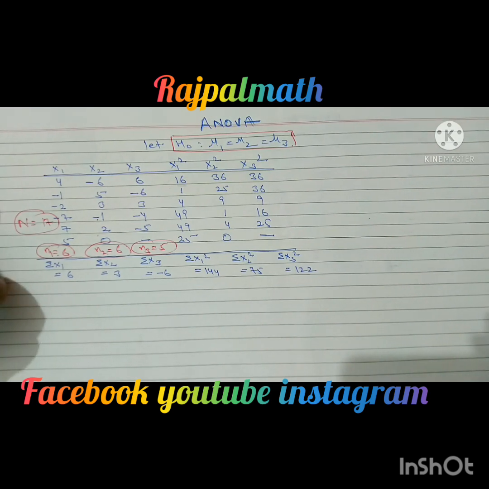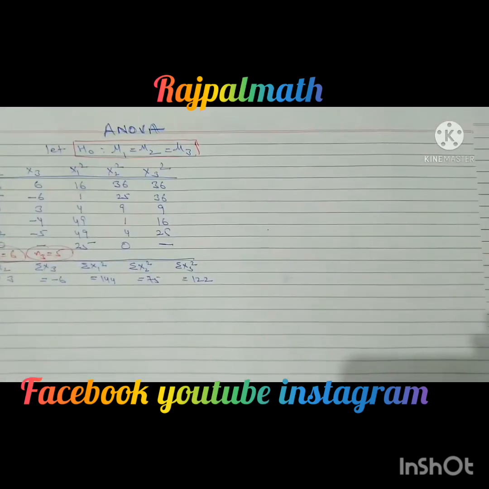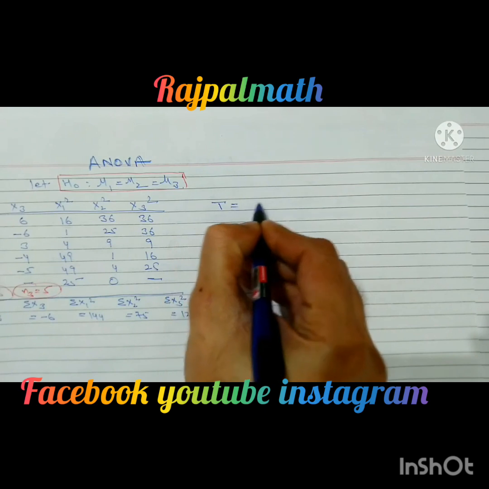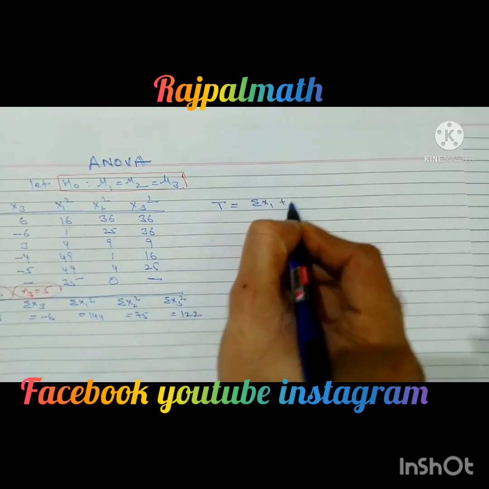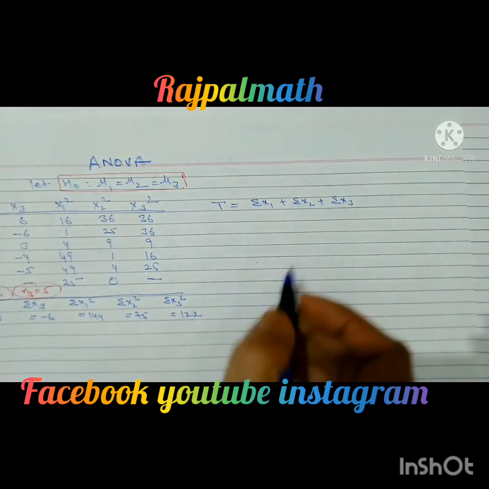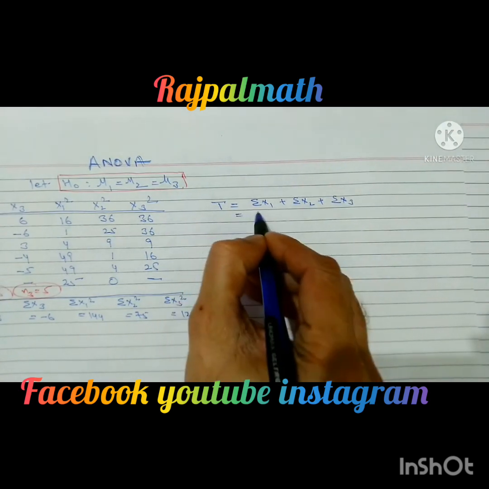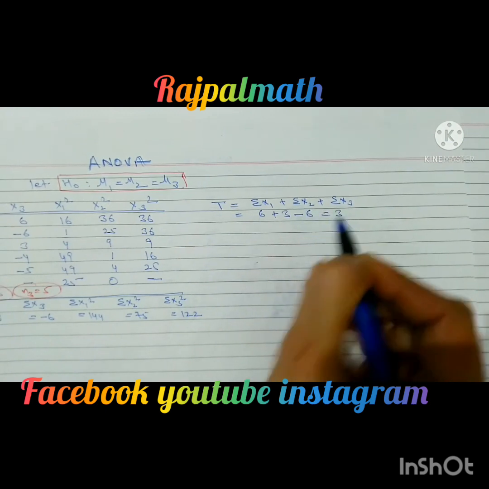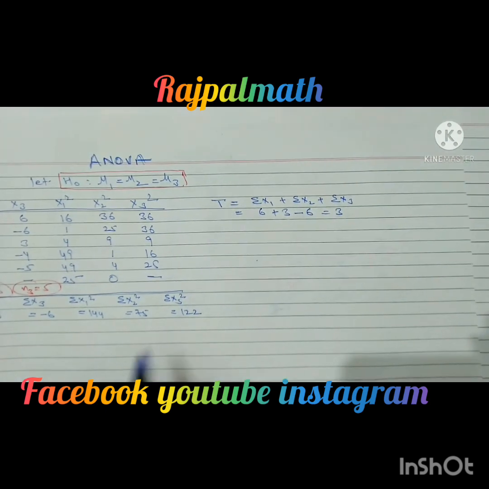Now first calculate T for the ANOVA table. T is summation x1 plus summation x2 plus summation x3, which equals 6 plus 3 minus 6 equals 3. Therefore T is 3.